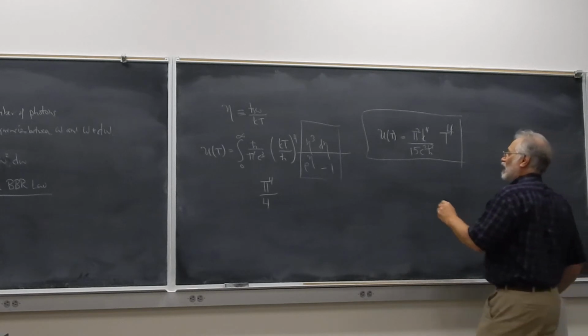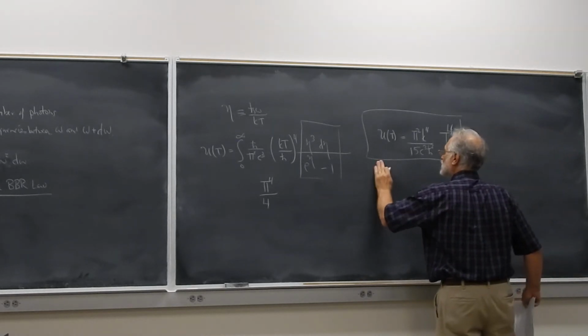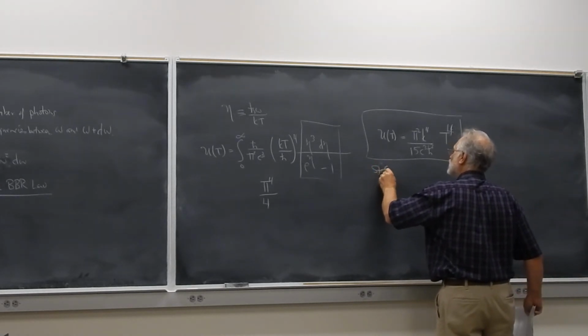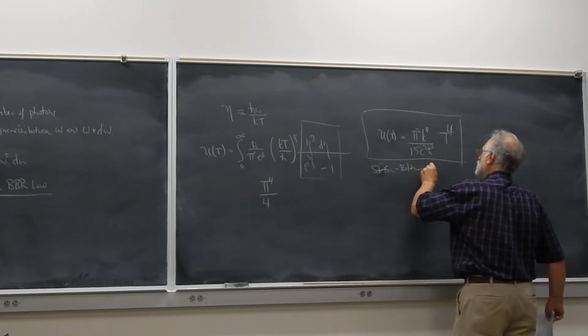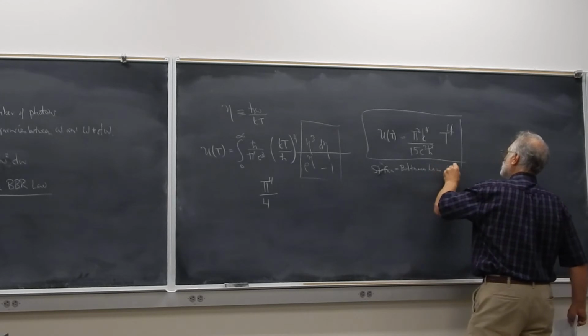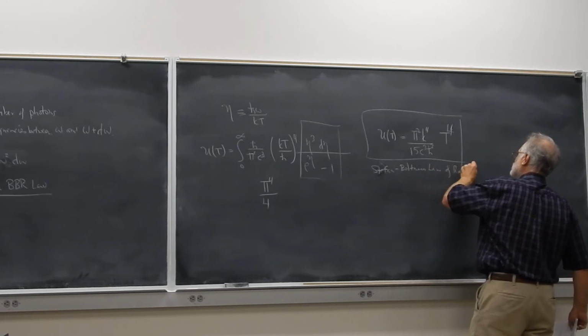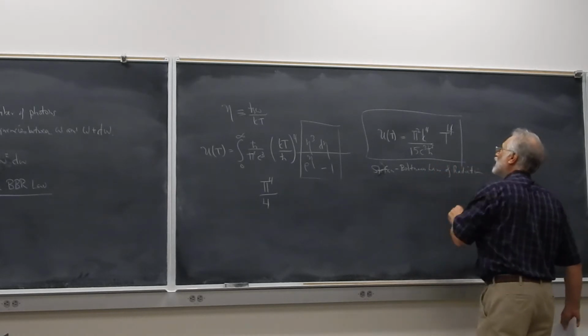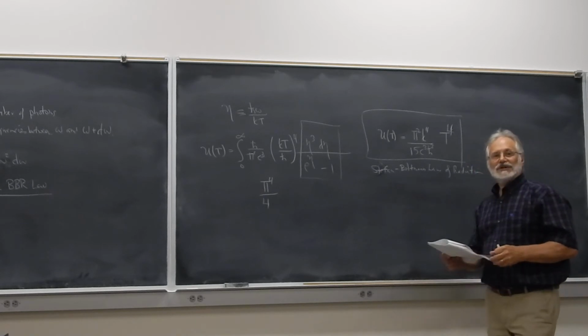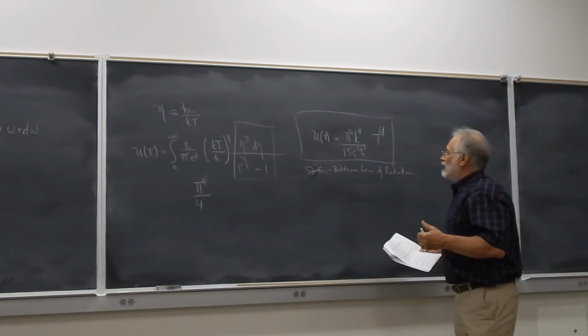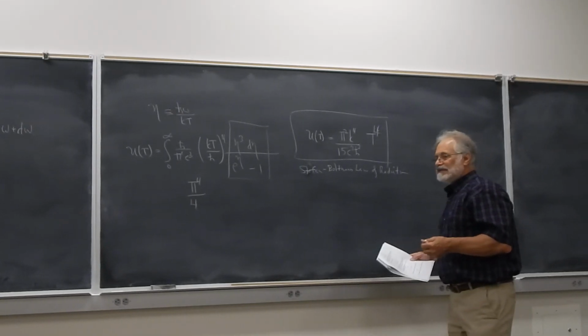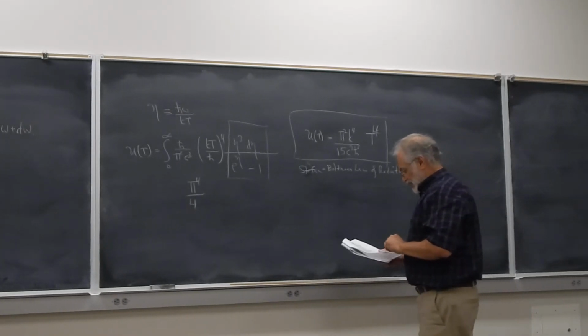This is what we call the Stefan-Boltzmann law of radiation. This was predicted by Boltzmann in about 1884. It was empirically arrived at by Stefan in about 1879.